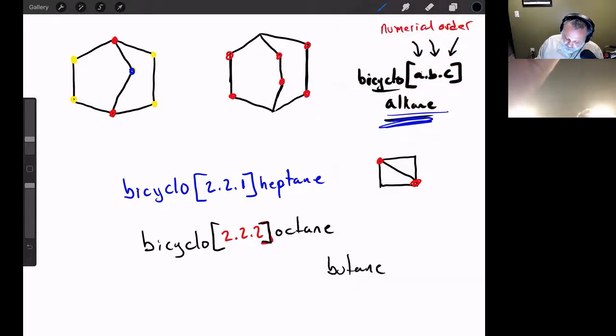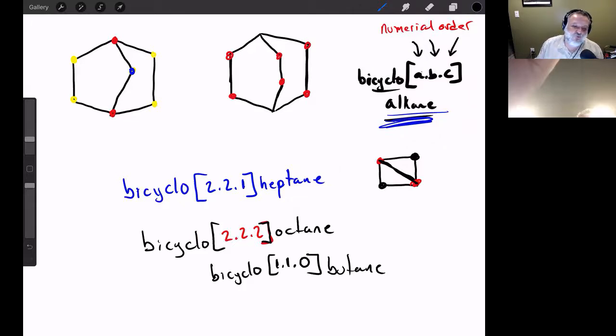And how many carbons are in between the bridgeheads? I've got 1, 1, and I do want to put a 0 for the other one because there are no carbons in between the bridgeheads along that bond. And so this is bicyclo 1.1.0 butane.